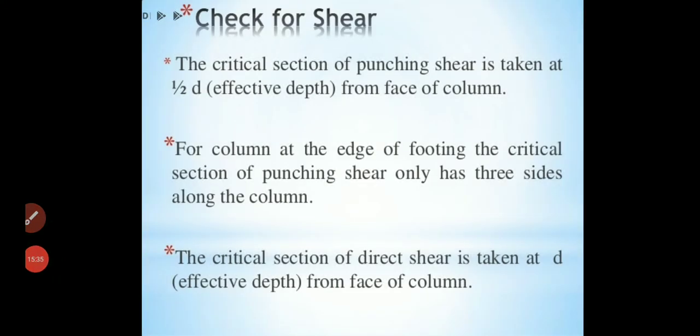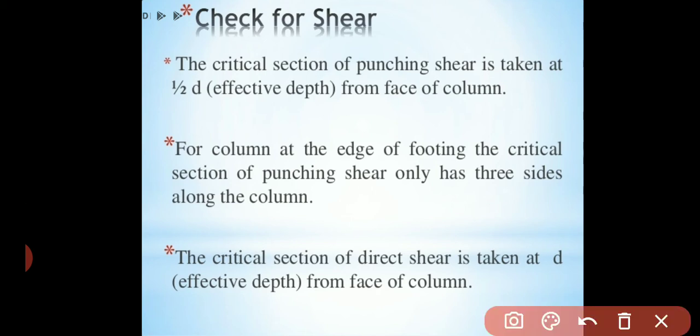Check for shear. The critical section for punching shear is taken at half the effective depth from face of column. This is already discussed by us in previous video. For column at edge of footing, the critical section of punching shear only has three sides along the column.